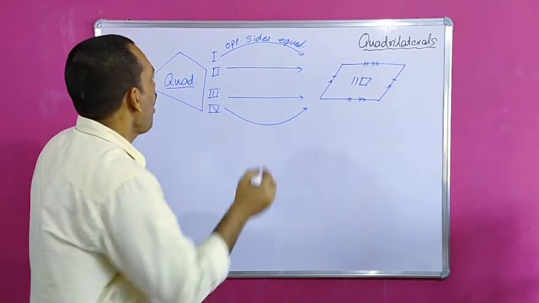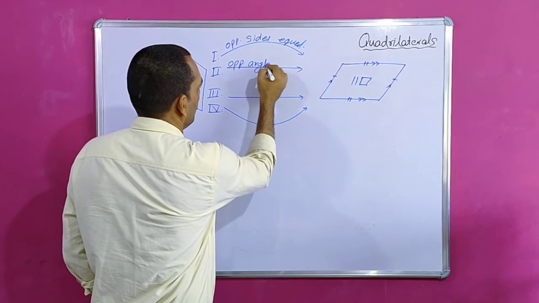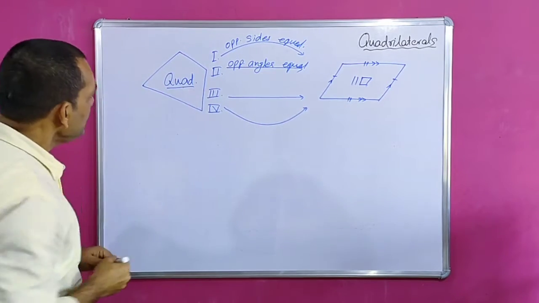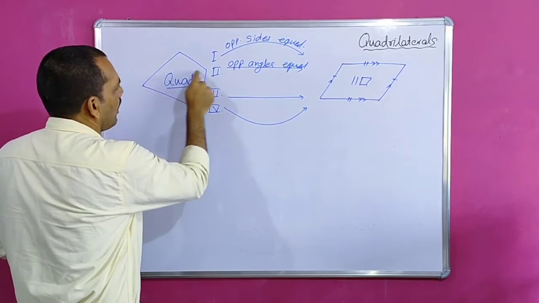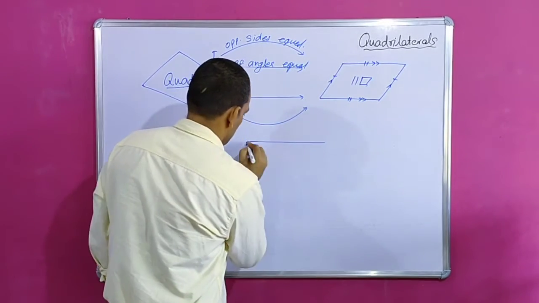In case 2, opposite angles equal. It means in a quadrilateral, if the opposite angles are equal, it's a parallelogram. Let's check this also.